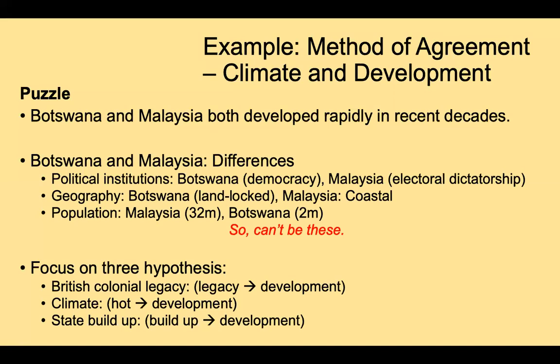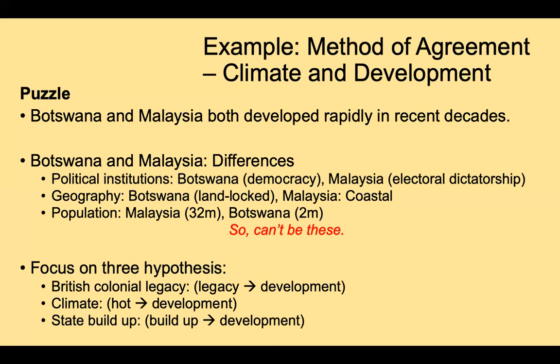Malaysia, by contrast, is coastal. It's actually peninsular. It's got water on most sides. And so clearly this geography, if we're thinking about access, for example, or transportation or connectedness to global markets, obviously differentiates them too. This is noteworthy.